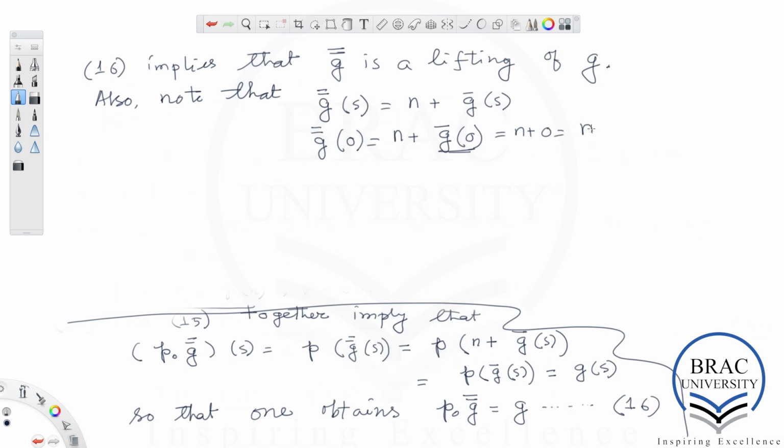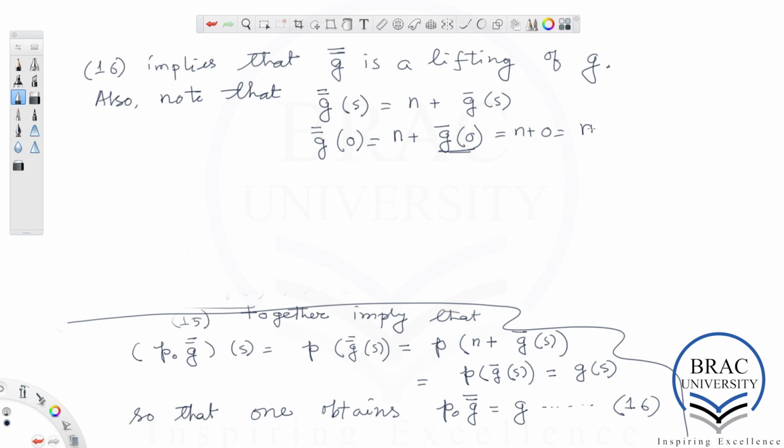Okay. Now here is the thing. Although G double bar is a lift of G in the real line R, it does not start at the point 0. It starts at a different point n. So there is only one lift of G that starts at the point 0 of the real line, namely G bar.